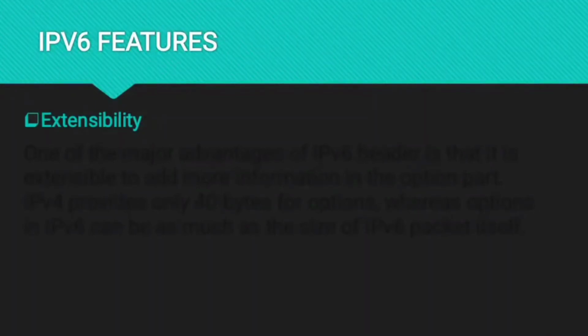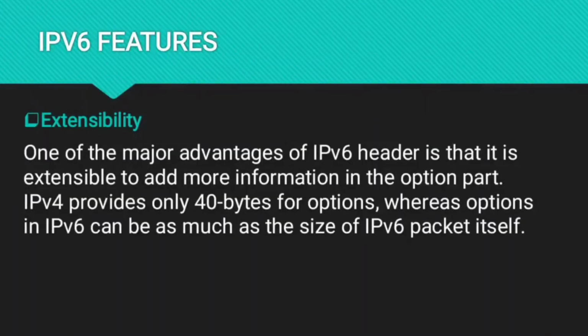Extensibility. One of the major advantages of the IPv6 header is that it is extensible to add more information in the option part. IPv4 provides only 40 bytes for options, whereas options in IPv6 can be as much as the size of the IPv6 packet itself.